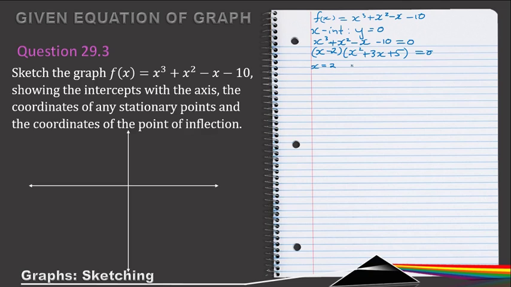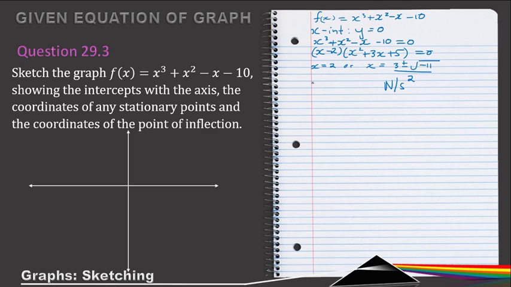But over here, when I put it into the quadratic formula, what comes out is x equal to negative 3 plus or minus the square root of 9 minus 20, which gives us negative 11, over 2. So once again here we don't get a real solution, so there is no solution there. And that means we only have, once again, one x-intercept.